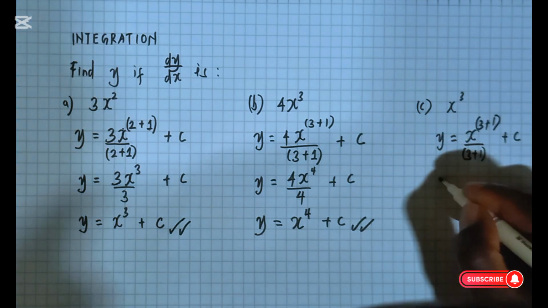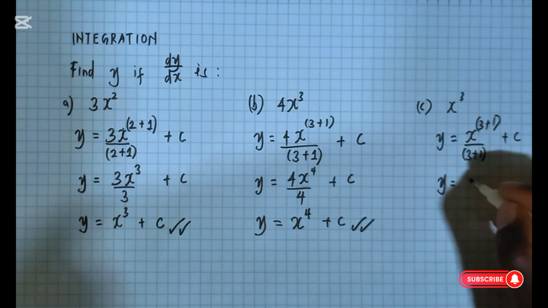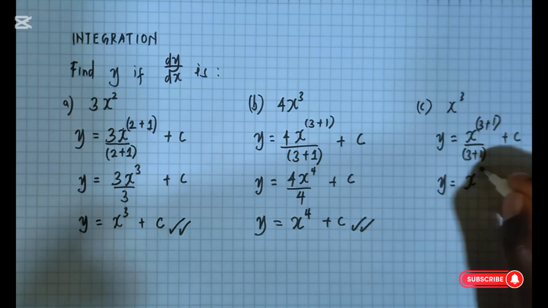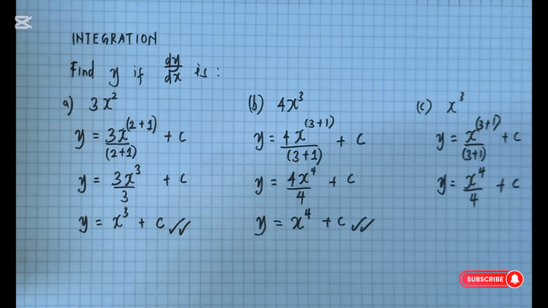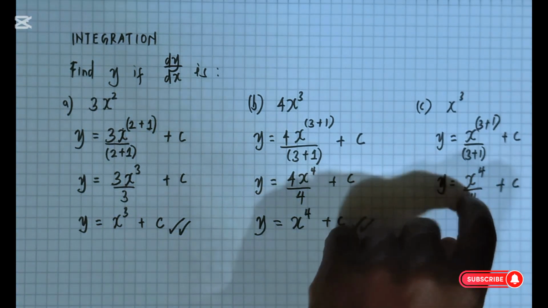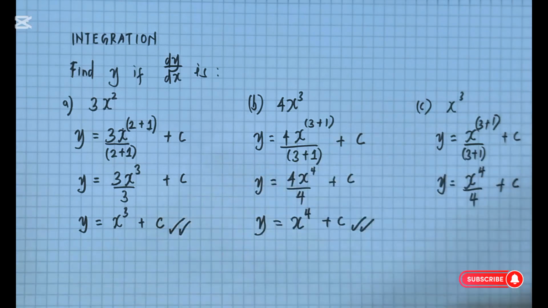So our value for y will be equal to x raised to 4 all over 3 plus 1 as the denominator, that is 4, plus c. Given that there is no common factor between these terms, we'll just leave our answer there. So our value for y in the third problem will be x raised to 4 all over 4 plus c.